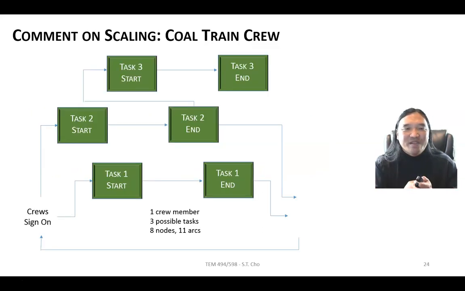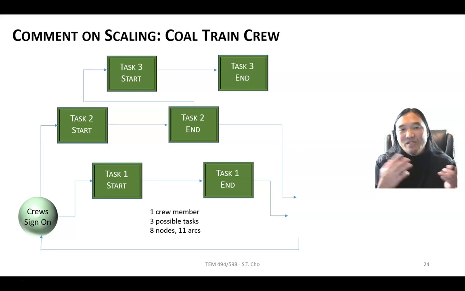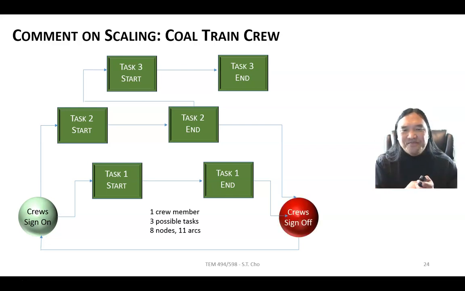And so this is what the tasks look like. The flow is, the crew signs on, and then they have a choice between 2 tasks. But the tough thing is when task 2 ends, then task 3 starts. And so is it the first crew, or do I add extra crew members to do it?